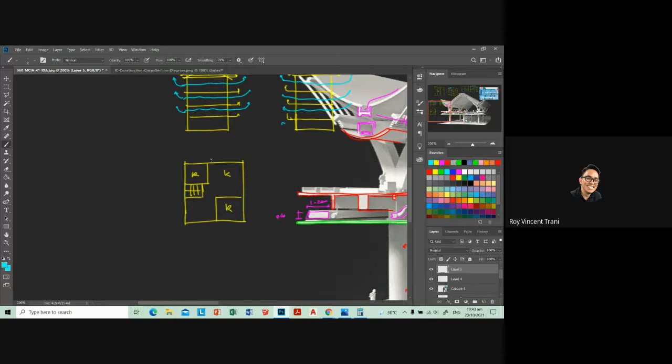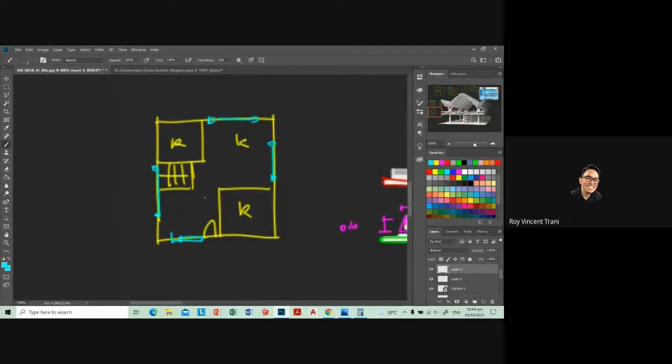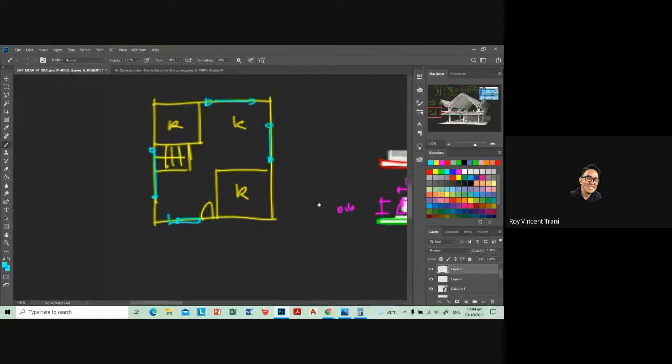If you have windows in this area, this area, this area, and windows here near the door, this could be your main door. This is where cross ventilation occurs. So let's say north is like this.